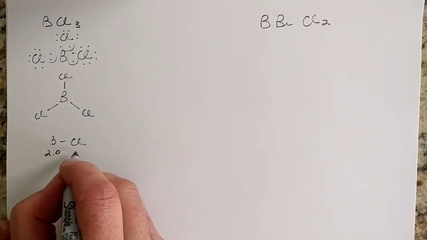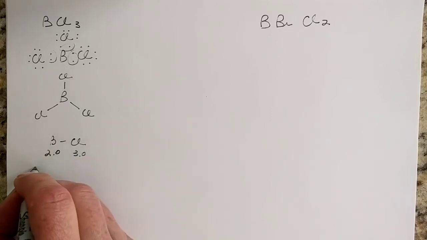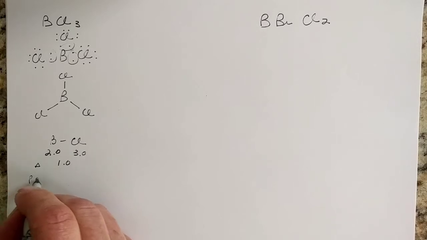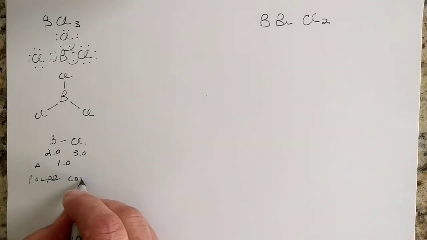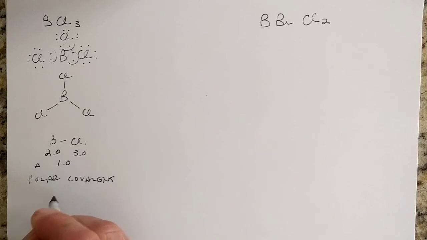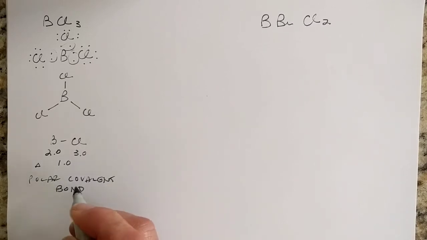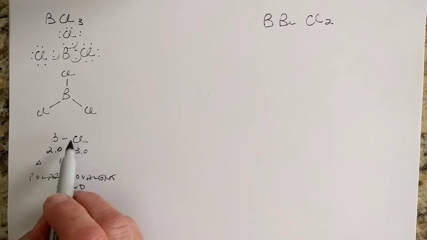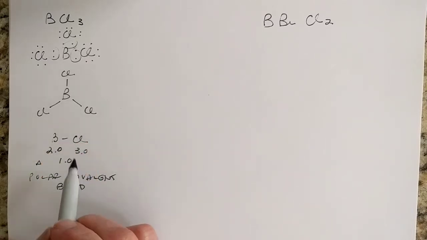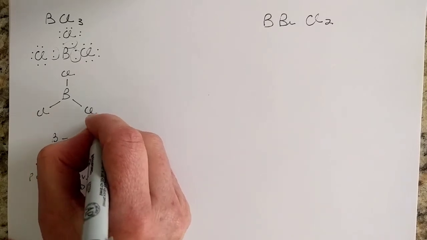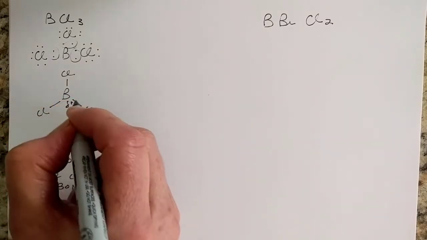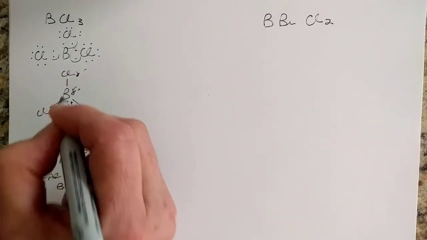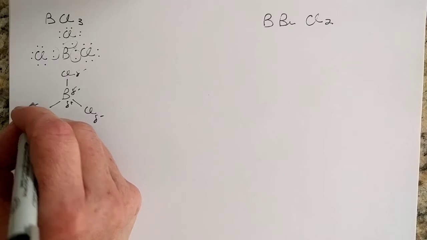Chlorine from this chart is 3.0, with a difference of 1.0, which puts us in the polar covalent bond category. So that means that chlorine is more electronegative. It has a greater pull on the bonding electrons. So the chlorine gets the delta minus, whereas boron gets a delta plus. Each chlorine gets delta minus, and the boron gets delta plus.